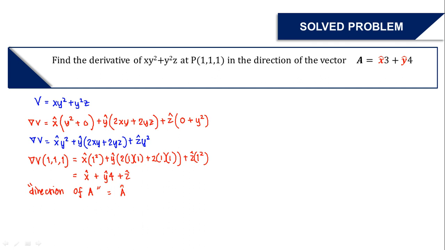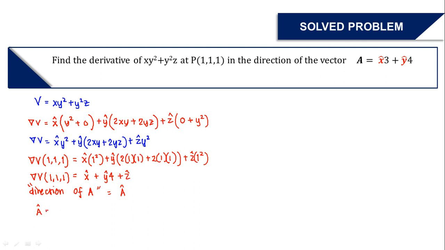Okay? And then later, para makuha natin yung projection, kukunin natin yung dot product. Okay? So, itabi lang muna natin yung ating del of V at 111. Mamaya, gagamitin natin yan.